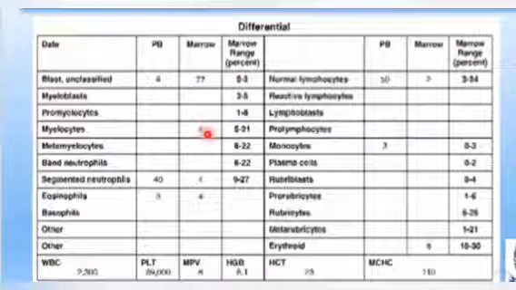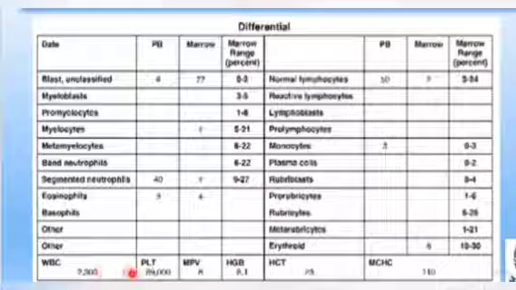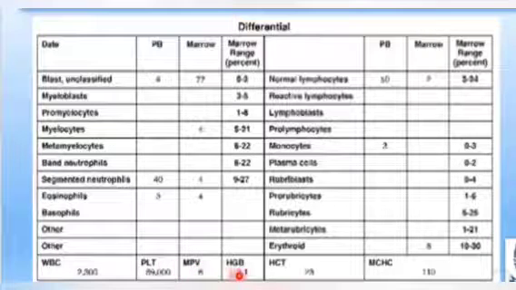Here you have myelocytes, then segmented neutrophils, then you have the WBC count, platelet count, MPV, hemoglobin, and these are normal lymphocytes present in peripheral blood and marrow. And here is the normal percentage of the marrow ranges, and this is the normal percentage of the marrow range over here.